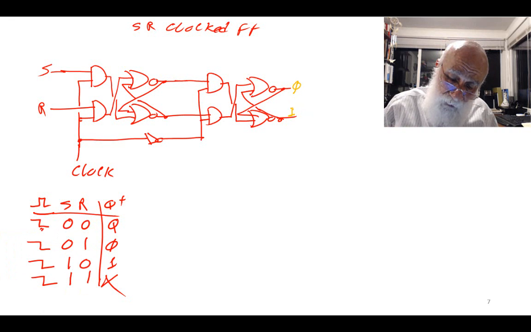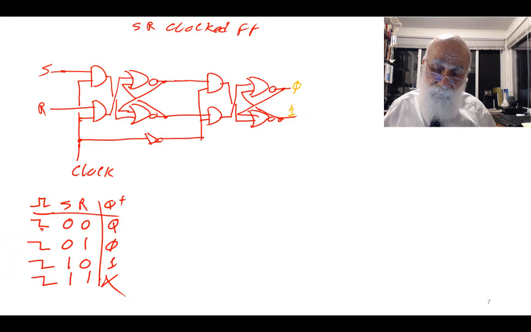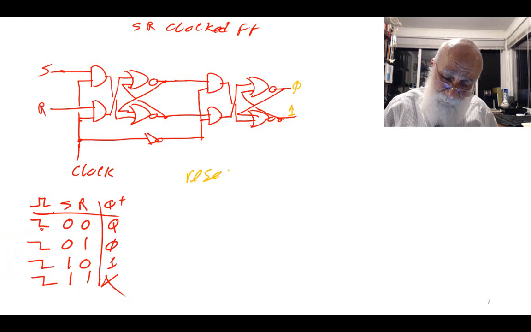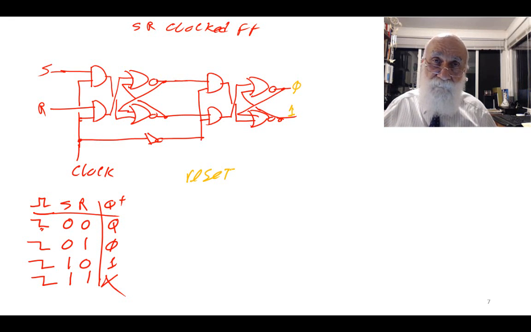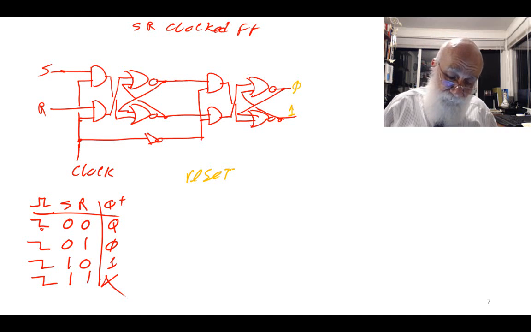And my existing Q bar is 1. Okay? What it means is my circuit is reset. If my circuit is reset, the reset input is really not effective anymore.